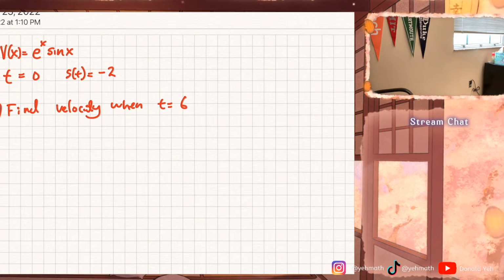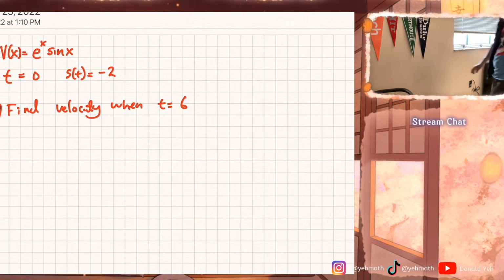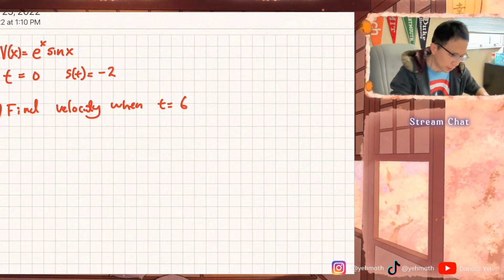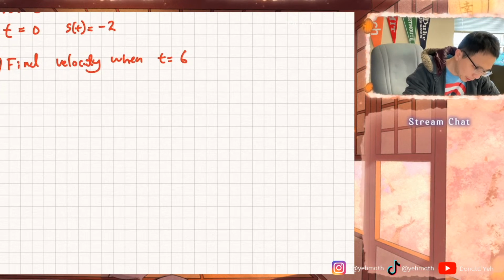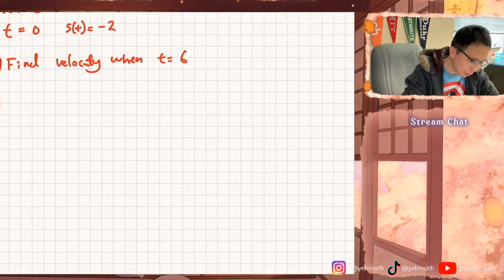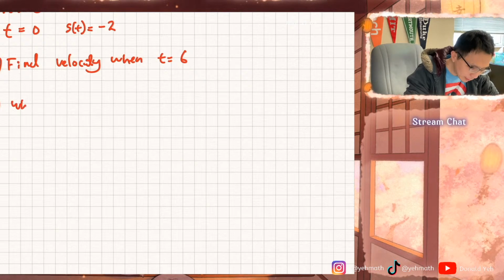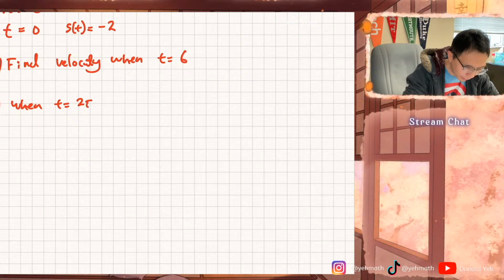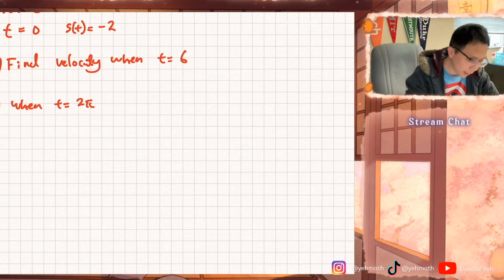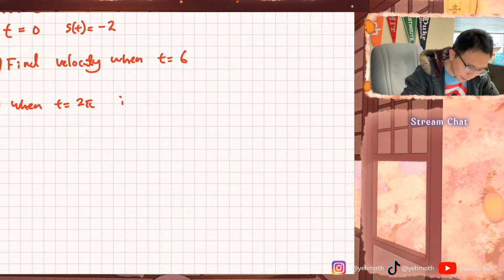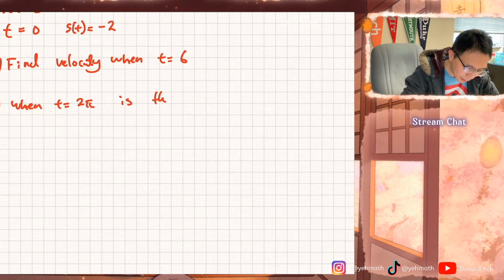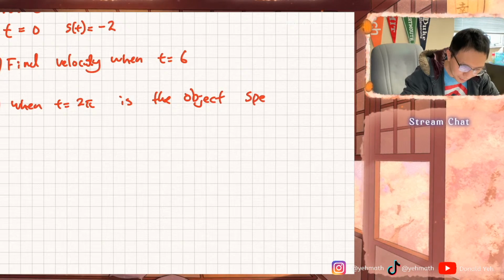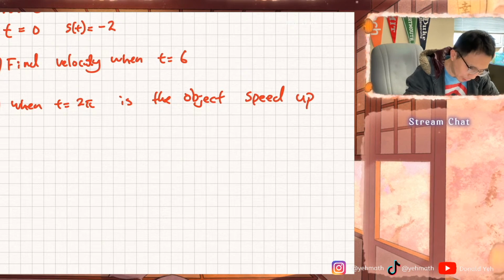Okay, so that's part A. Part B, I'm going to ask you: when t equal to 2 pi, is the object speeding up or slowing down?